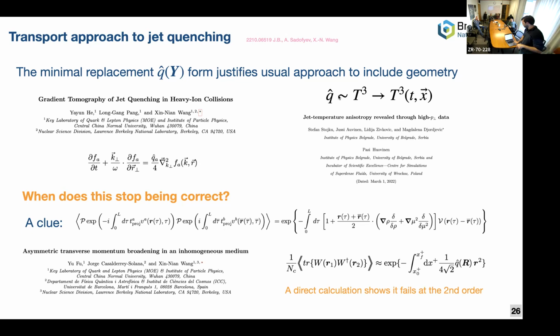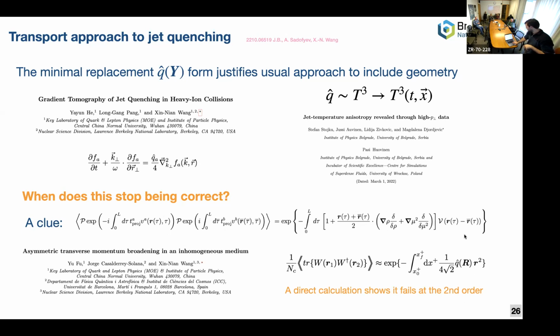Of course, what you can ask afterwards is when does this stop being valid, meaning replacing this by an anisotropic coefficient. The clue to see where this stops being valid is to look again at this correlator that I showed before. Before I claimed that this object can be exponentiated in this form. And what people usually do is to write this object in this way.